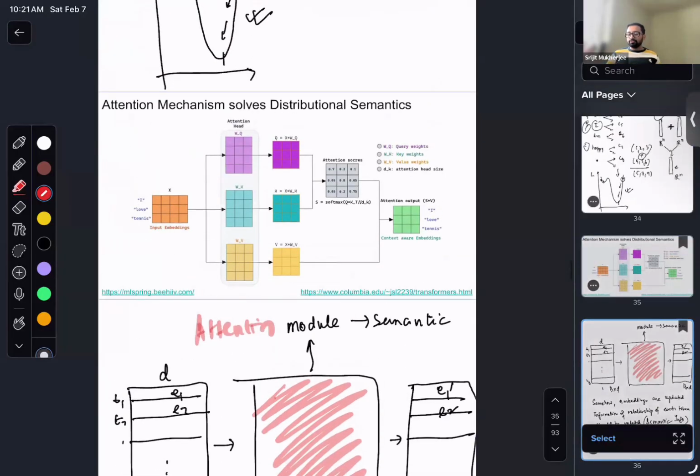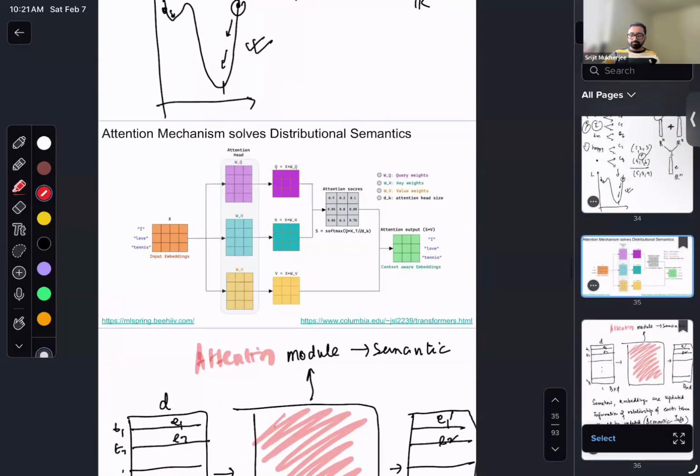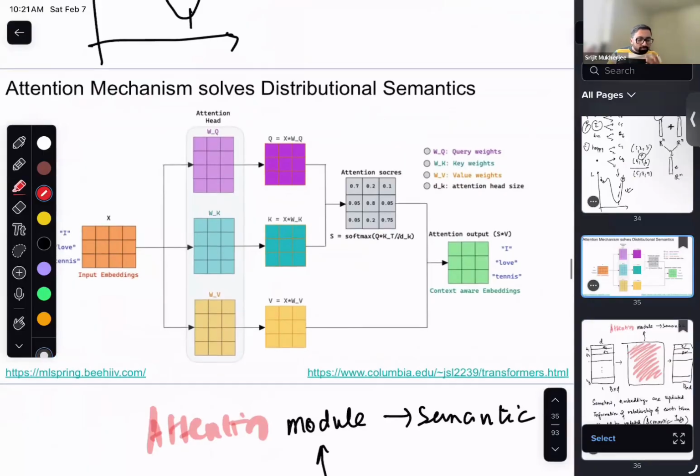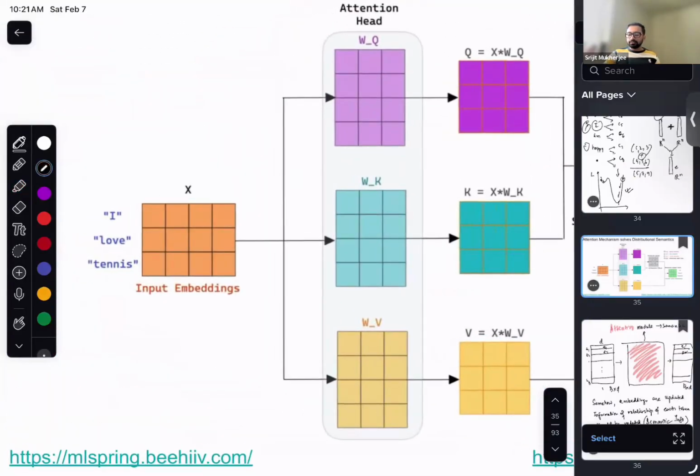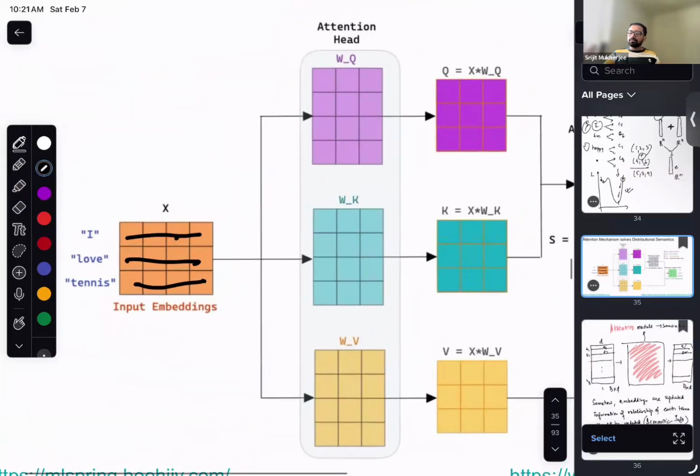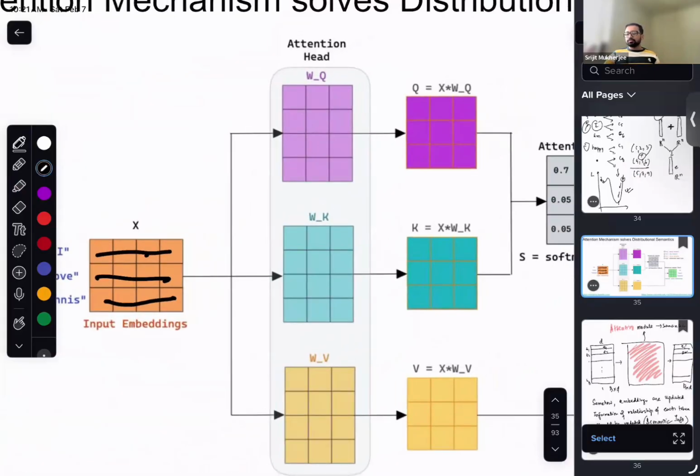Now let's go into the mathematics of it. It's very simple. So what's done? Let's say "I love tennis." These are the embeddings, each of them is an embedding: I embedding, love embedding, tennis embedding. Each of them is changed into a different kind of embedding learned by the attention. These are the query, key, and value.